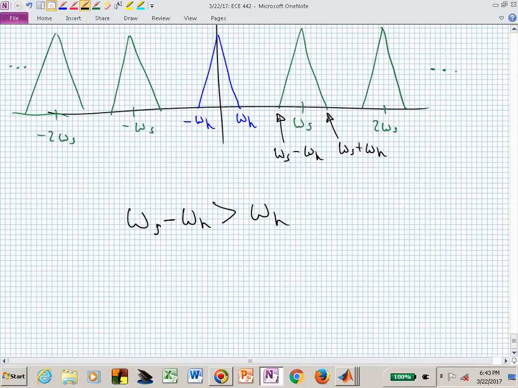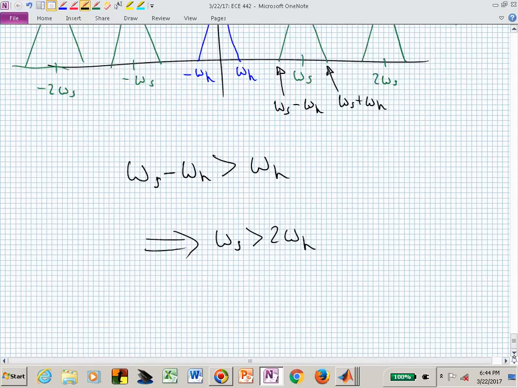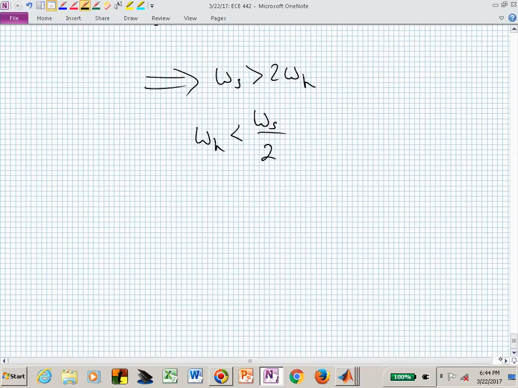But what does this impose? If I push that omega sub h to the other side, I now can see that omega sub h needs to be less than omega sub s over 2. And that's where this Nyquist frequency comes in. The highest frequency that I can now resolve is bounded by the sampling frequency divided by 2.